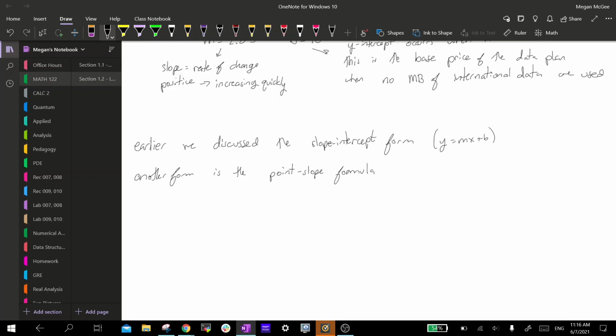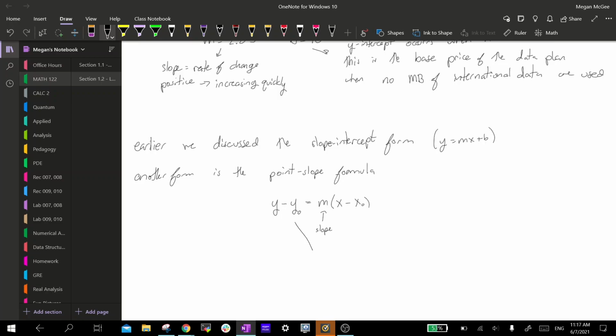Alright, and if you're thinking it's named for a similar reason, you would be correct. We need both a point and a slope in order to put together this formula. Alright, and the formula is y minus y naught is equal to m, which is our slope again, times x minus x naught.